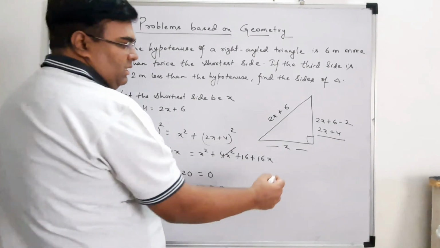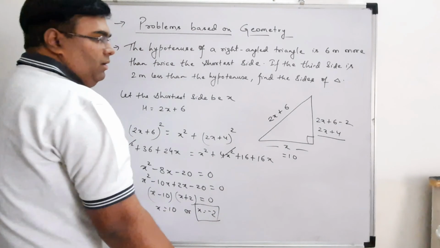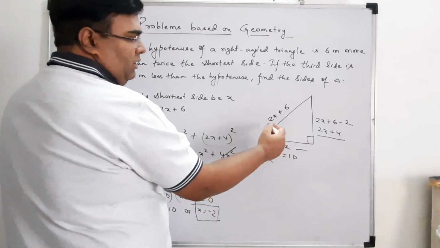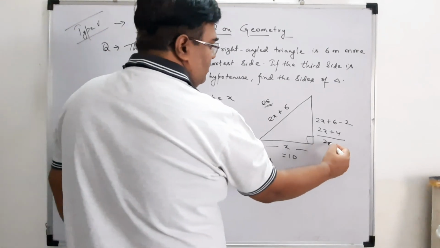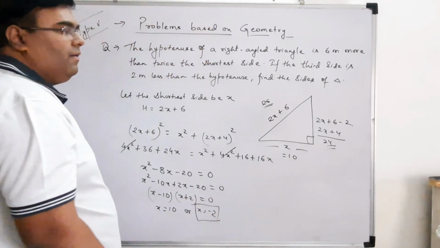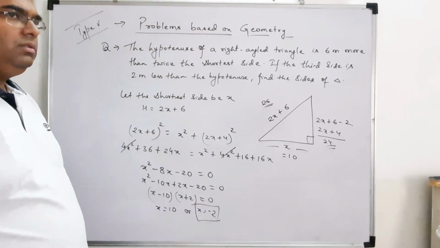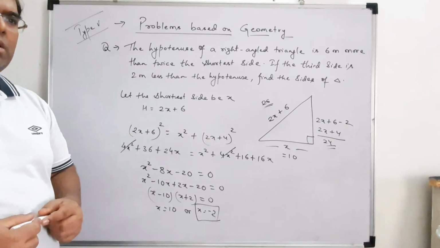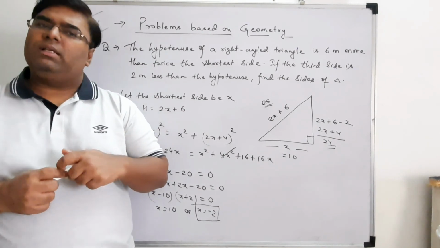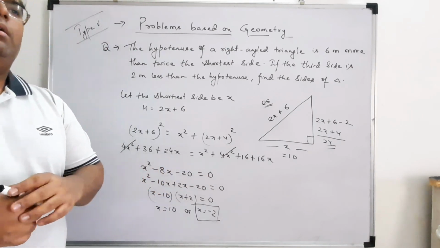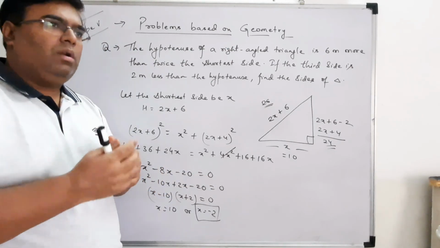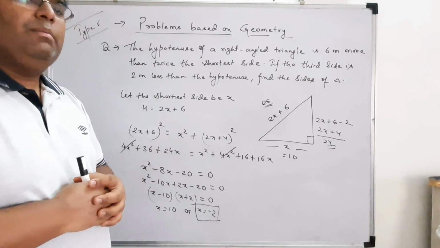So my shortest side is 10. What will be the hypotenuse? 20 plus 6, 26, and similarly the other side is 24. Right? So in geometrical shapes, you need to apply whatever formula is applicable. Here it was the Pythagoras theorem. Similarly, you can apply other theorems or other formulas for similar shapes.